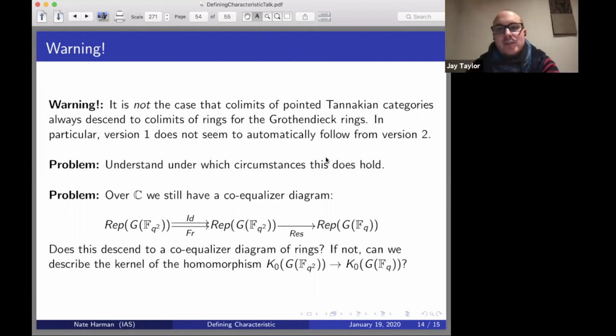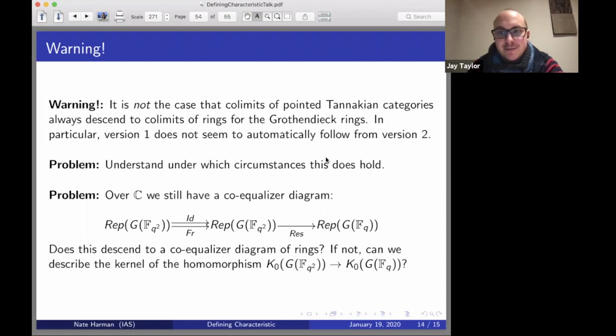I guess in the situation where you look over GFQ squared, if you're just restricting from GFQ squared to GFQ, someone will probably tell me I'm wrong, but my general feeling is that determining these restrictions is horrid.